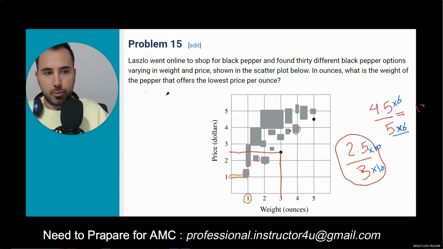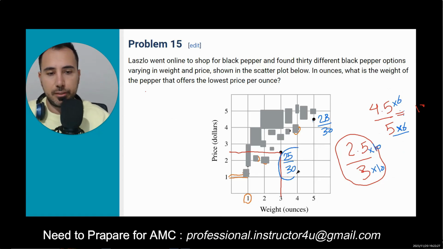So 24 and 30. This one, the expensive one, will be 28 over 30. When I multiply them, this one will be 25 over 30. So you would see that this one is definitely the cheaper one. So 3 would be the right answer.